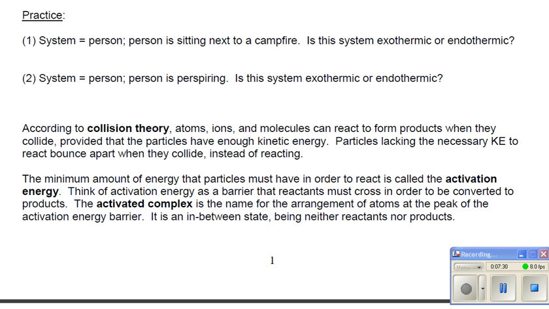Is this system exothermic or endothermic? So what I want you to do is work with your neighbor for 1 minute, and draw a picture of a person in this campfire. I want you to show me what's happening with heat and to label if it's exo or endo. So for the first and the second practice question, you have 1 minute.